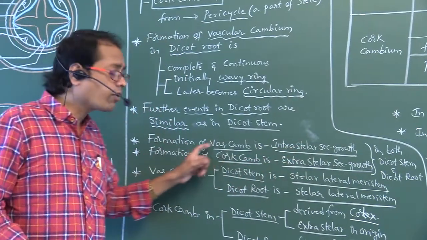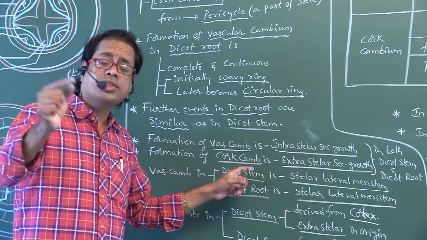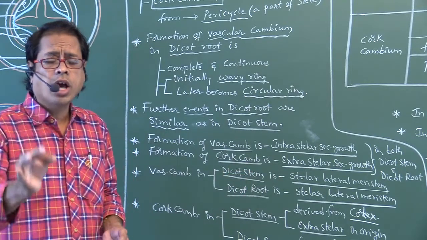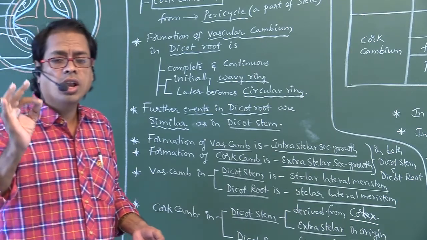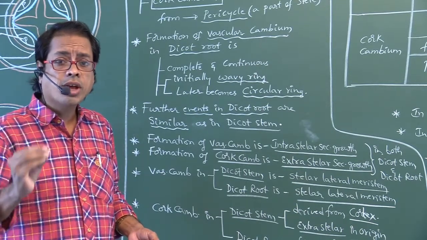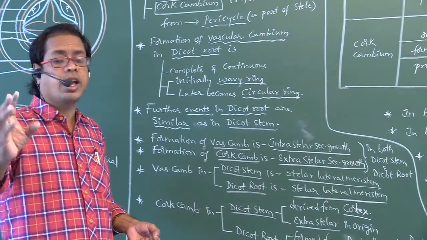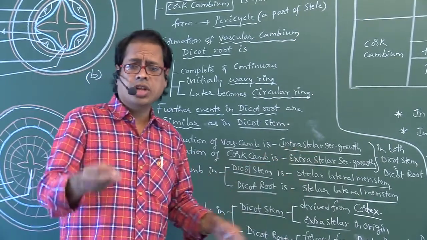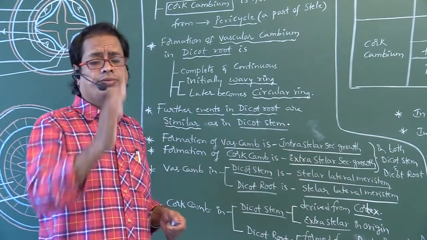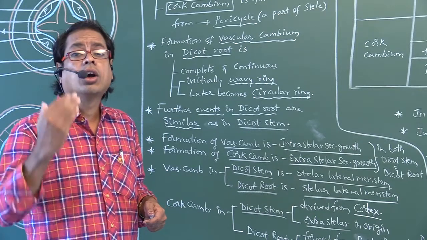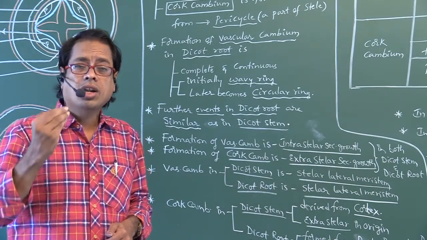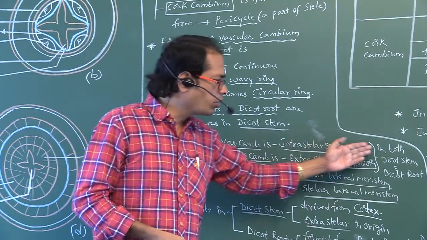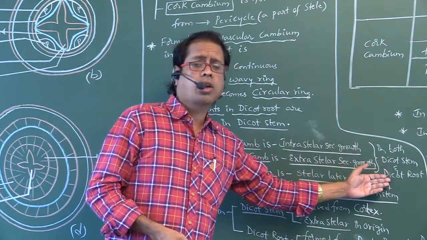Next, formation of cork cambium is extrastelar. Extrastelar means outside the stele. Outside the stele means where? Cortex. So that is cortical secondary growth. That occurs in both dicot stem and dicot root.